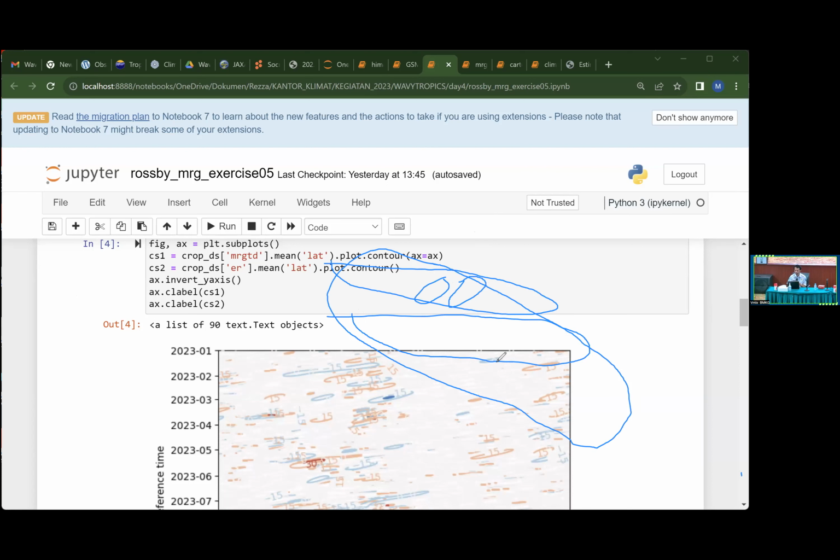So such kind of scale interaction is very important.